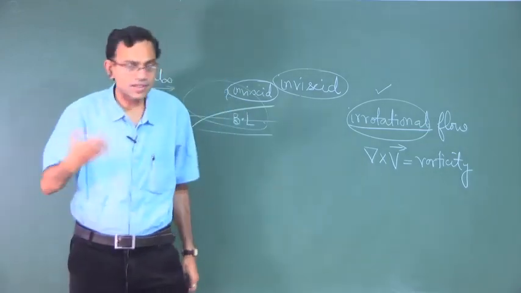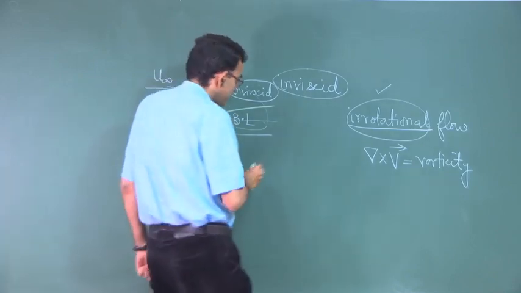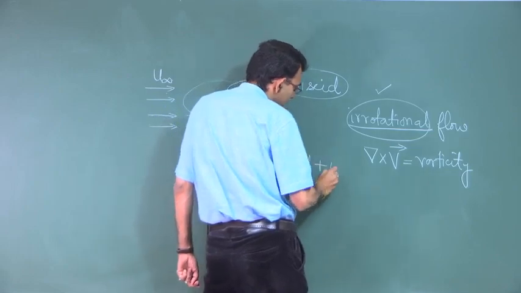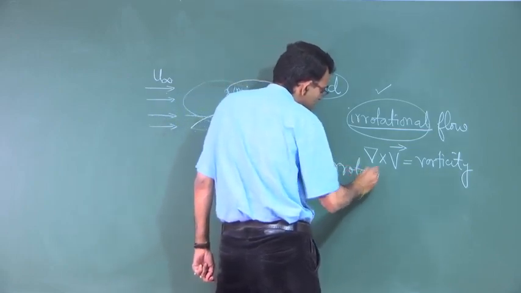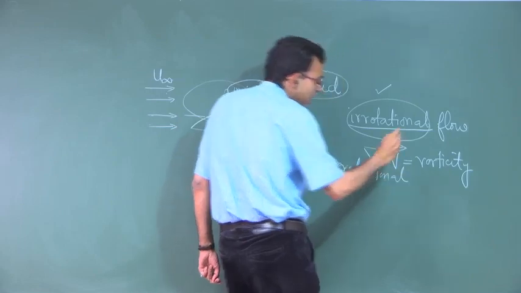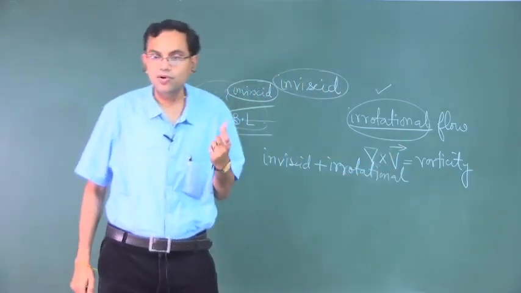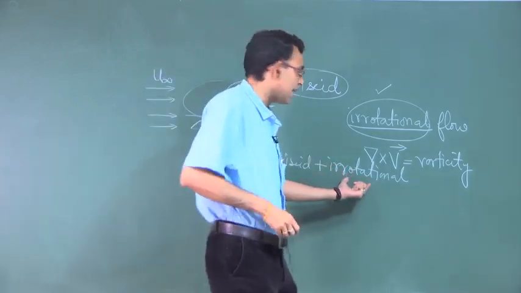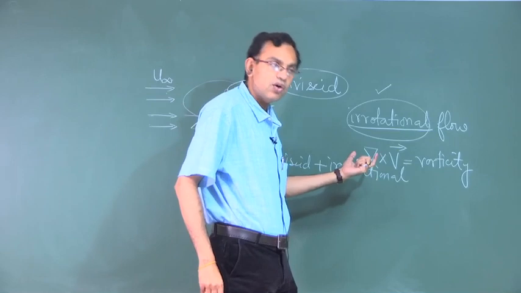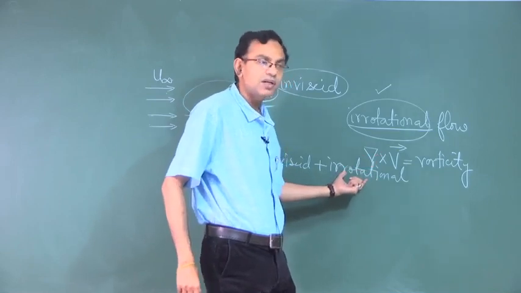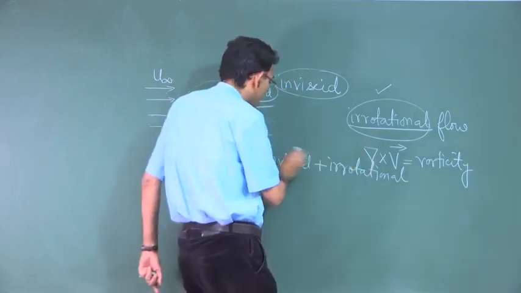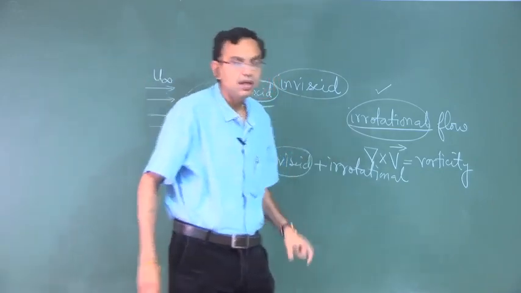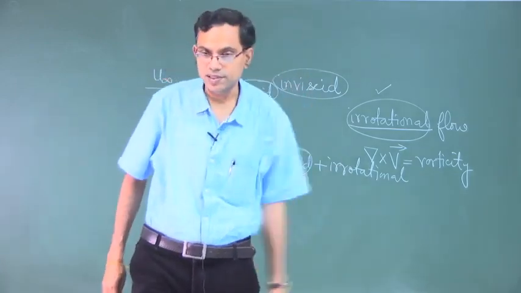So with this consideration we can say that inviscid plus irrotational, not just inviscid or not just irrotational, this is the deadly combination that we are looking for. Irrotational means irrotational at the entry. If it is irrotational at the entry, it will remain irrotational at all other places where it is inviscid also. So, inviscid plus irrotational means it will be irrotational at all places.